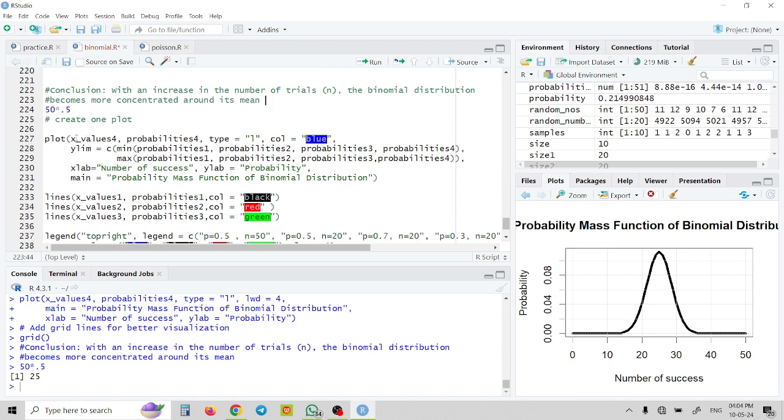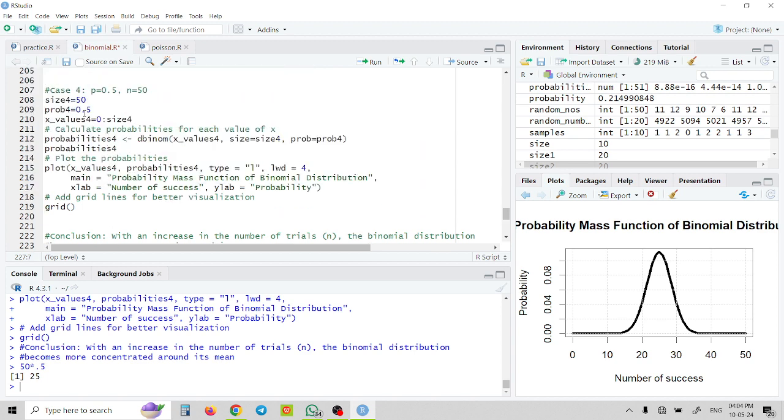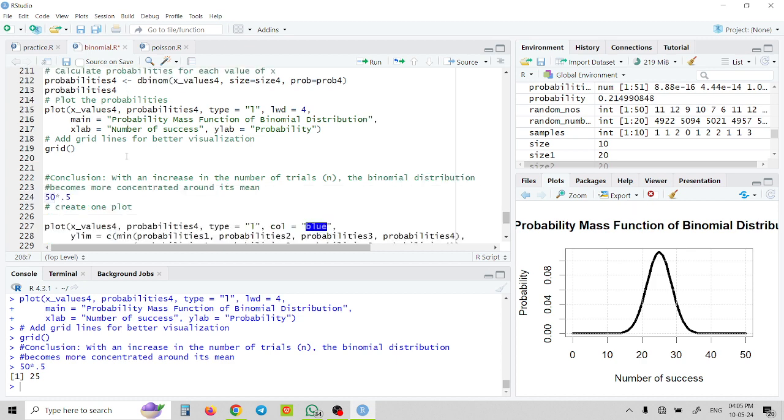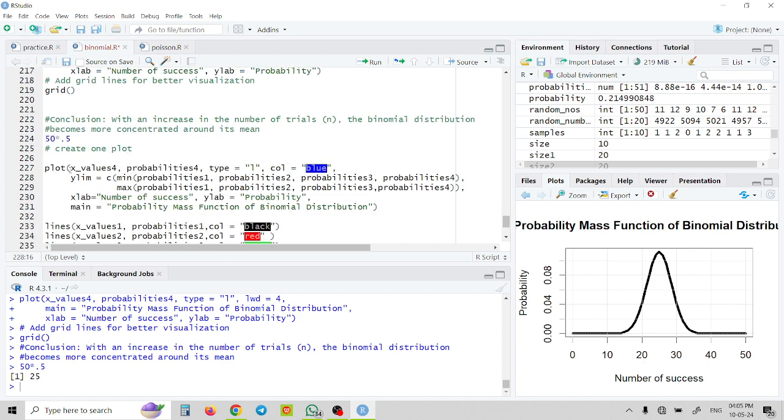So what we will do here: in the fourth case, the range of x is maximum, that is 50 among all the cases. So we will plot case 4 first, using the plot function. The x values from case 4, x4, and the corresponding probabilities, probabilities 4.